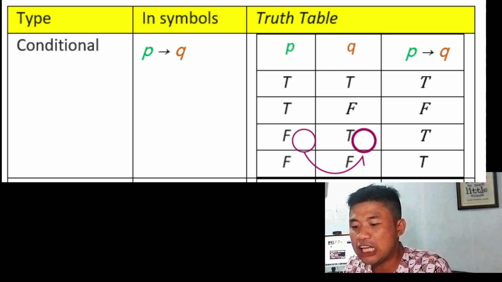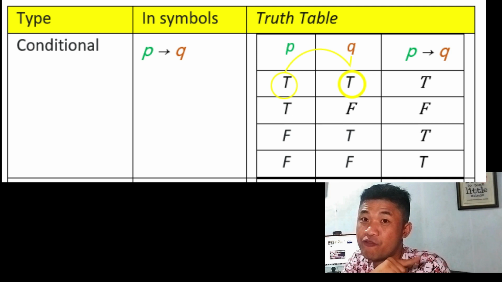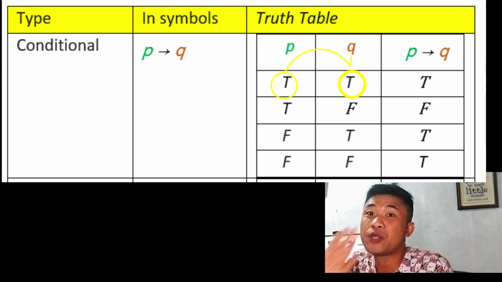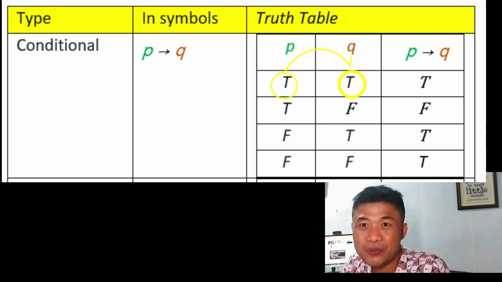Conditional. The conditional, if then. Let's go to the then. If P, then Q. If the Q, the then statement, is true, automatically in the conditional the result is true.